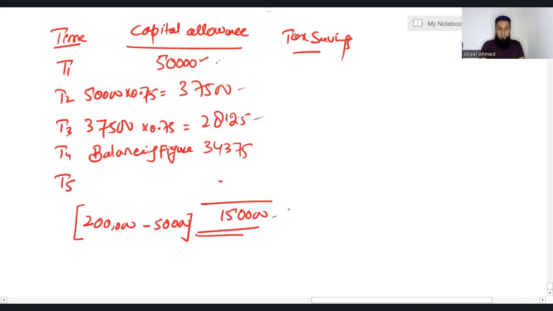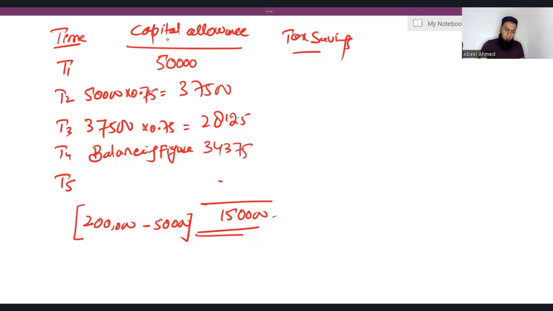Now, how to calculate tax saving? All you need is to multiply the capital allowance with the tax rate, and you will get the tax saving. The tax rate is 30%.